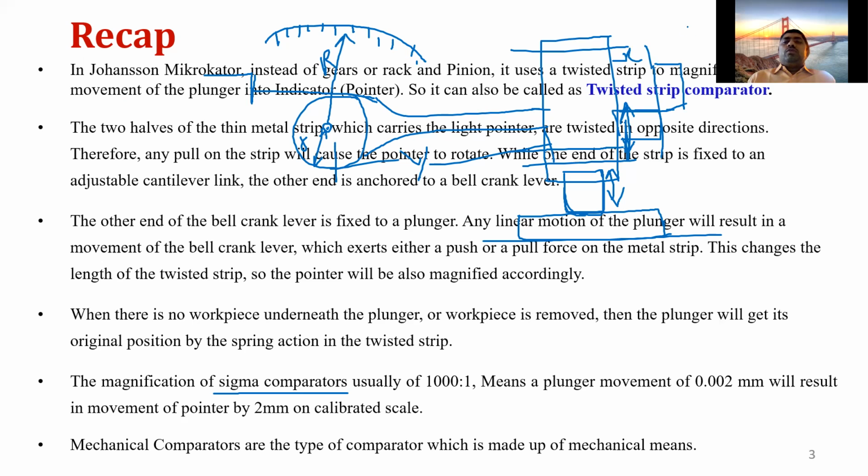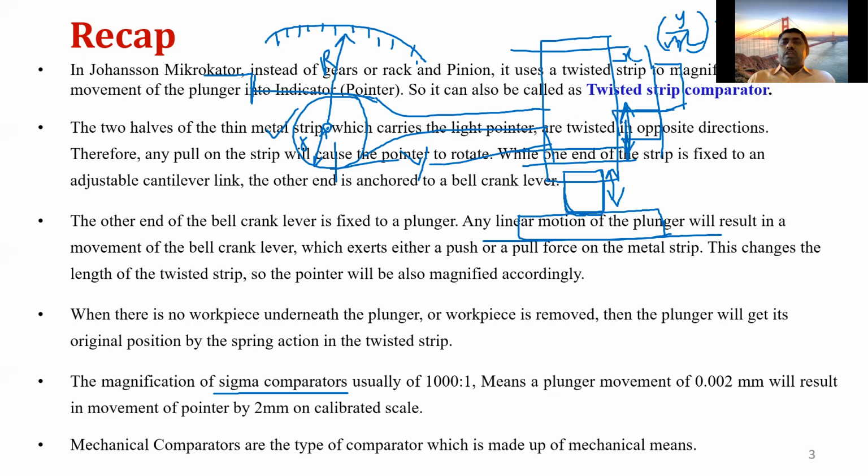So here we have the magnification in two stages. One is Y by x, another one is the capital R by small r. So by decreasing the radius of the drum, we can increase the magnification, or by decreasing the x value, we can increase the magnification.